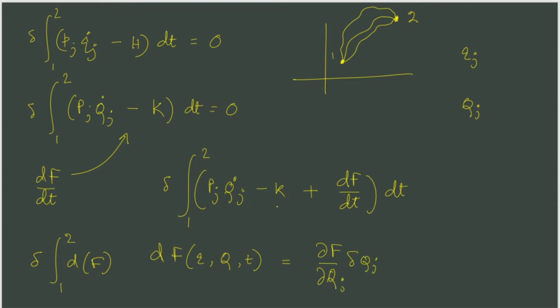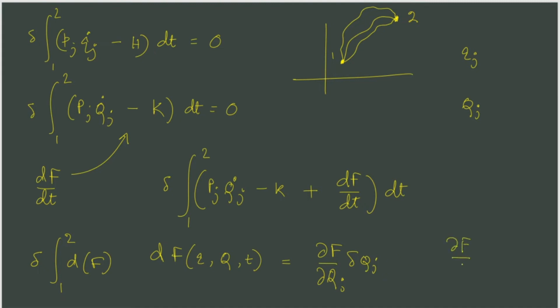Here the small q's are not important; they are parameters as far as this particular variation is concerned, and the relevant quantity is the capital Q, which becomes the generalized coordinate. Now df can be written in this form, and you evaluate this term only at the endpoint. So basically we are looking at the variation at the endpoint of delta qj times del f del qj.